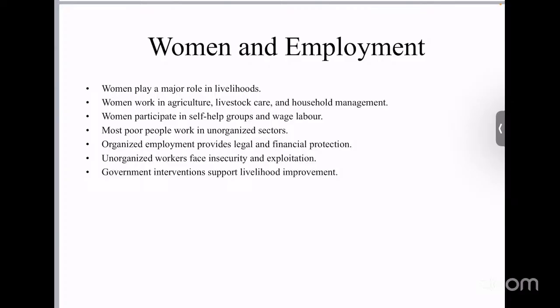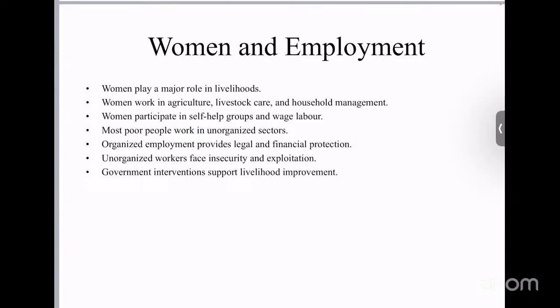Government interventions such as self-help groups, employment guarantee schemes, rural development programs, and skill training initiatives attempt to improve livelihoods and reduce poverty. These programs aim to strengthen income opportunities and empower vulnerable communities.